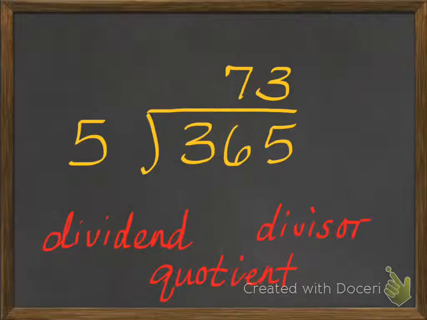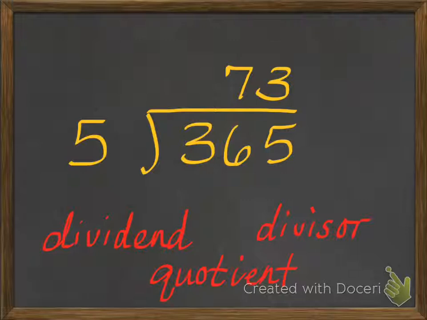All right. So just as our last problem here, I have some vocabulary words, and I wonder if you know which of these numbers is the dividend, which is the divisor, and which is the quotient. So let's see if you got it right. I want you to pause this and draw this problem.